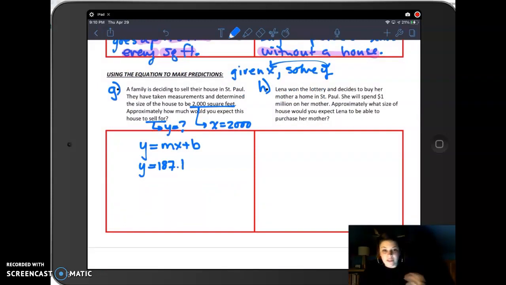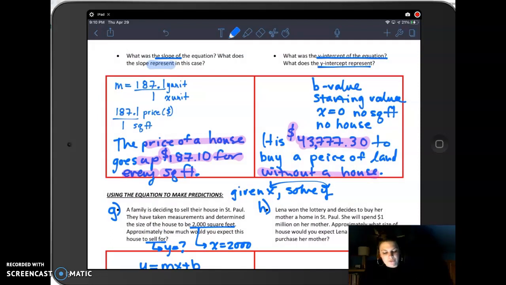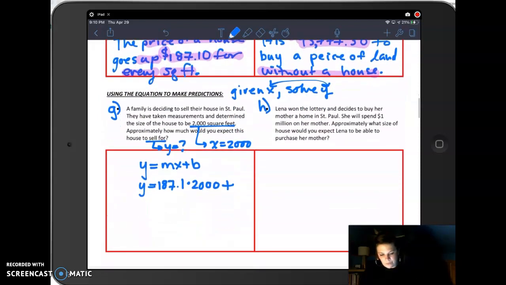The X value given to us is 2,000, and we know that when two letters are next to each other, there's secret multiplication between them. So when we plug in numbers, it also has secret multiplication between them. And then adding the b, we know that the b we found in our equation was 43,777.3.